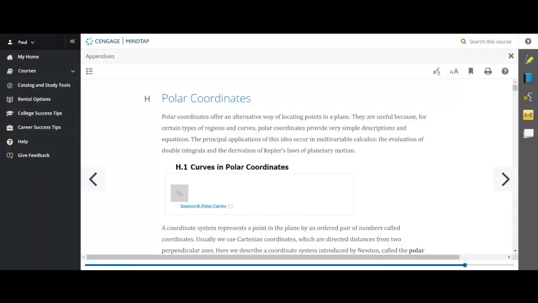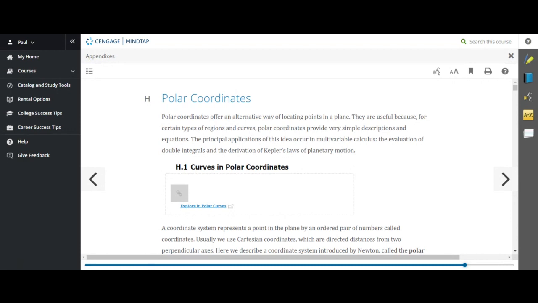So, polar coordinates. Up to now, you have used rectangular coordinates. Rectangular, like in calculus, in pre-calculus, in algebra, you have an x and a y, variables x and y.